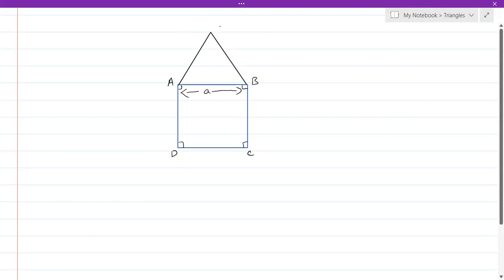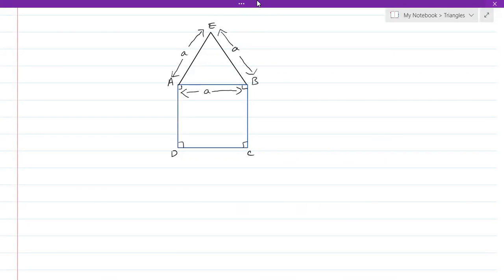This is an equilateral triangle. Let's name it EAB. Since it's an equilateral triangle, observe AB value is a, and AEB is an equilateral triangle, which implies this will also become a, isn't it? Because in an equilateral triangle all the sides should be the same. So this is one equilateral triangle.